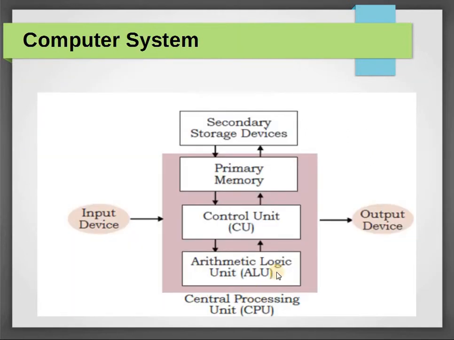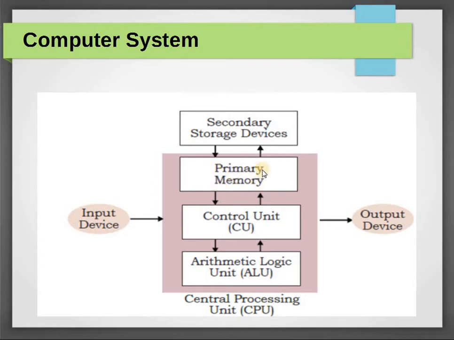Here we can see the block diagram of a computer system. It has an input device, here is output device, then it is a central processing unit, and here is secondary storage device. Inside central processing unit there are 2 subunits, control unit and arithmetic logic unit.